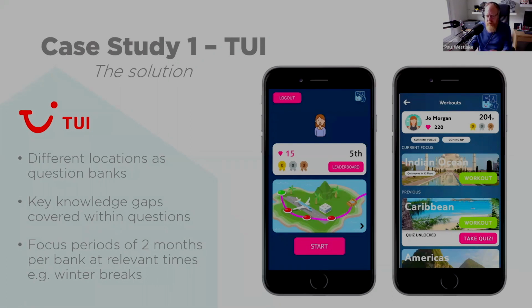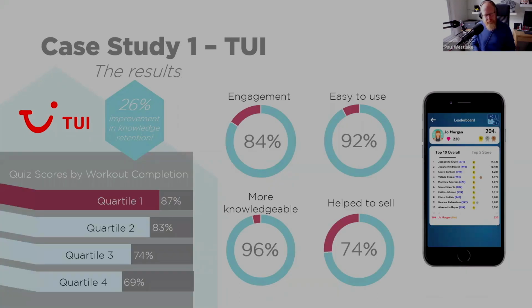We could say, we know this is coming up, here's one you can refresh yourself on. We did that a couple of months beforehand, so it was fresh in the salesperson's mind when they came to sell that holiday.